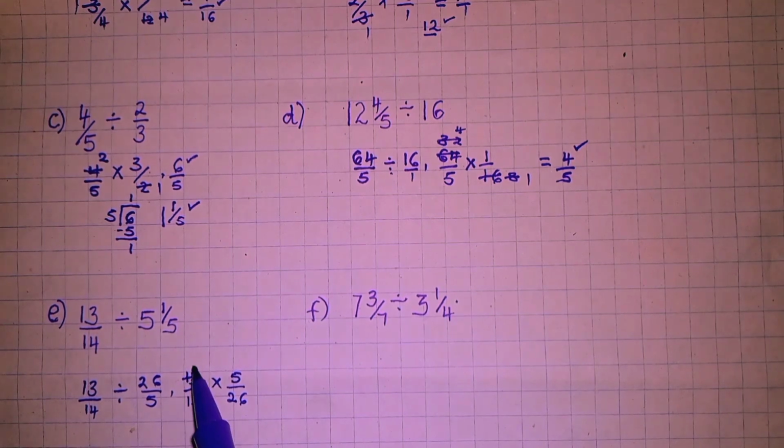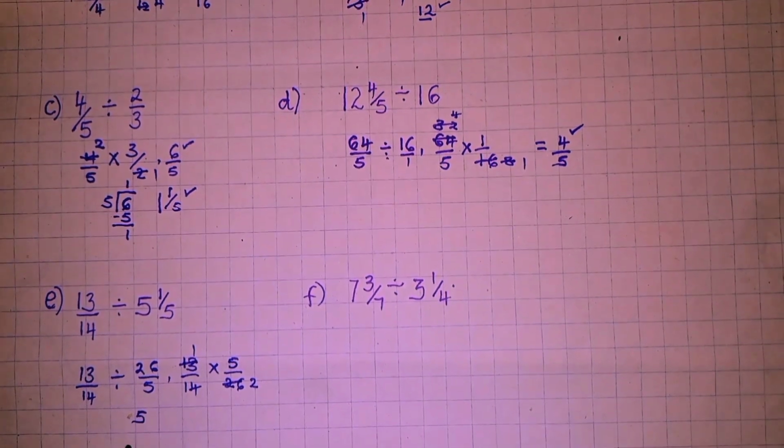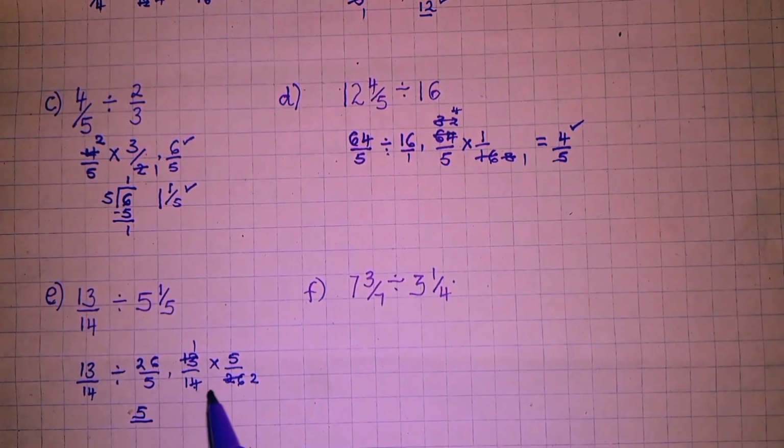So by 13 it's 1, by 13 we have 2. So 1 times 5 is 5. Then 14 times 2 is 28. So our answer becomes 5 over 28.